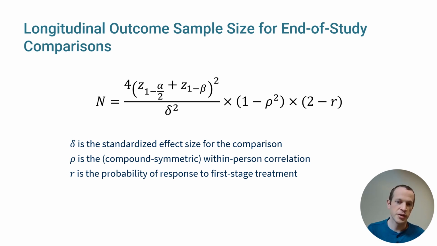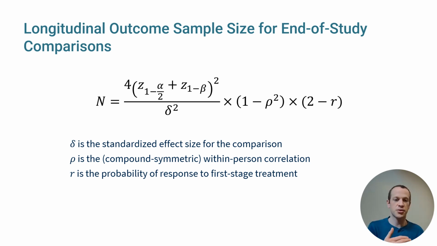Looking at the formula here, we would get 2 minus 1, so this piece would just become 1. In that case, we don't need as many participants, and the reason is that we essentially only have 2 interventions, and they're not really even adaptive at that point because we just assign them up front. You just have a standard 2-arm trial.